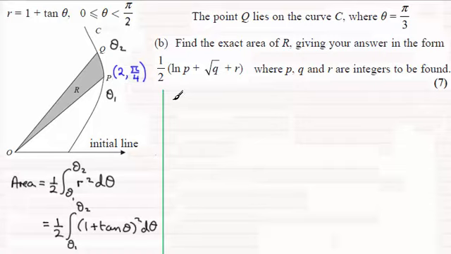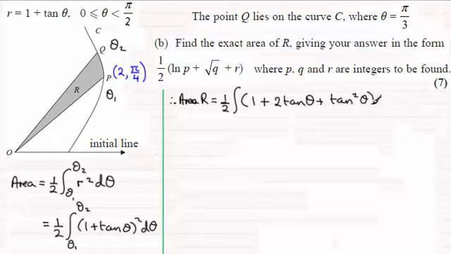So the area R is going to equal a half, and first of all, we need to expand it out. Expanding out the usual way, you're going to get 1 plus 2 tan theta plus tan squared theta, all integrated with respect to theta, again between those limits, theta 1 and theta 2.